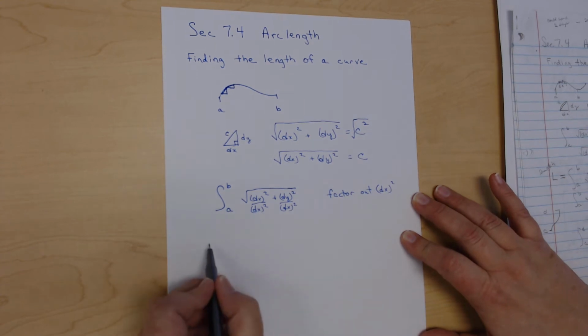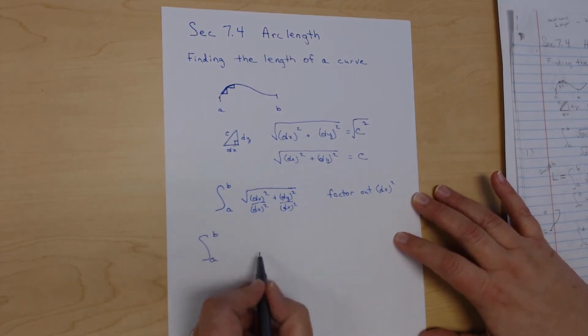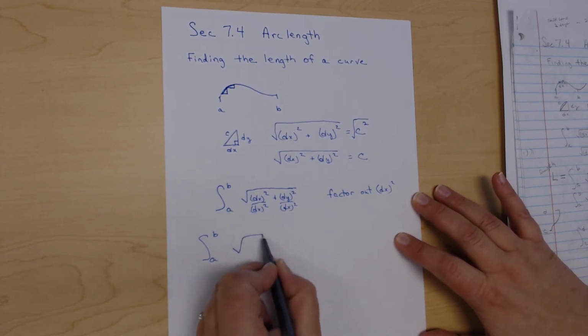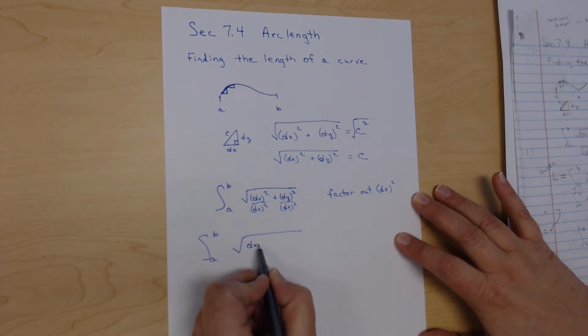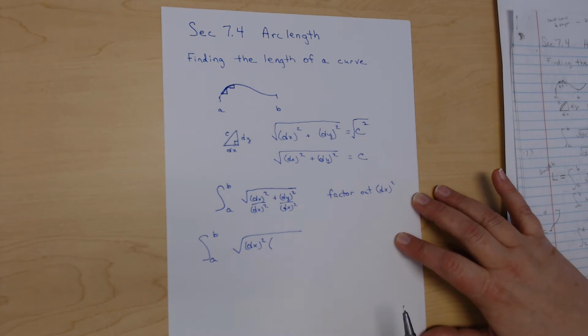So if we divide by dx squared, let's see what we have here. When I factor it out, I have to put it out there as well. So I factored out a dx squared. Now what am I left with?